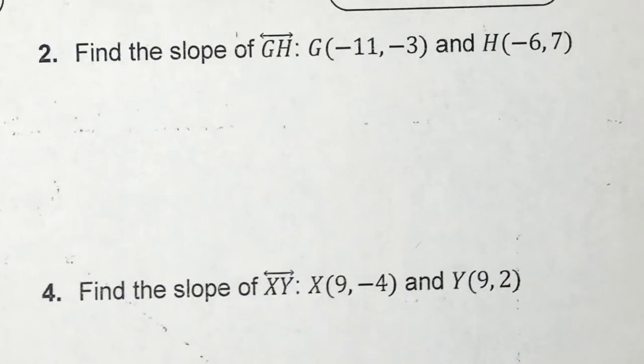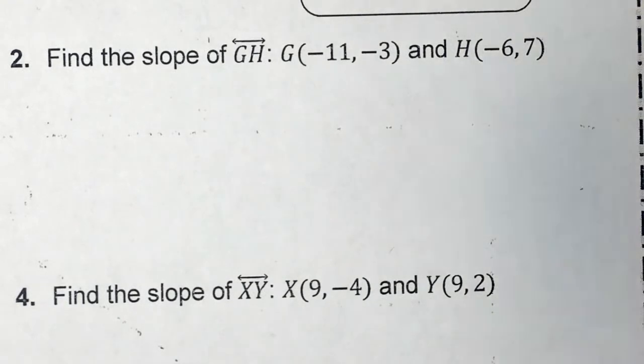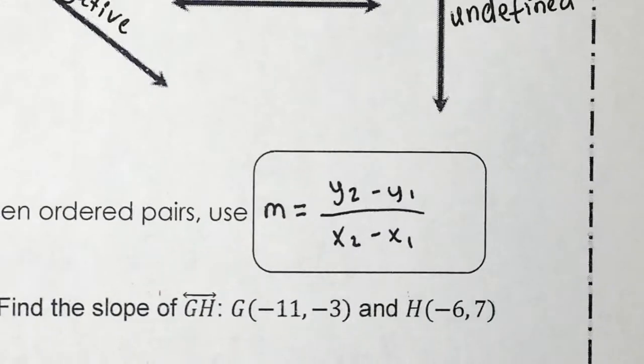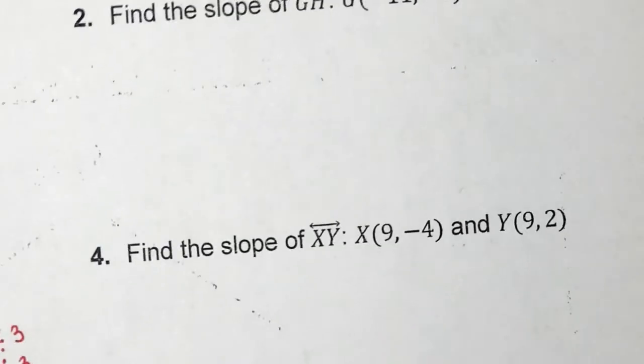Alright, moving zones. Find the slope of line GH. This isn't on a graph. They give you just the points. G is at negative 11, 3, H is at negative 6, 7. When it's not on a graph, when they give you ordered pairs, this is when we want to use our slope formula.